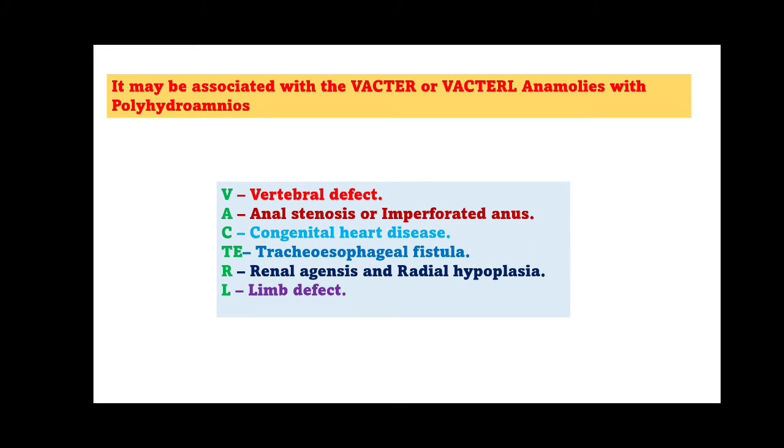Here V refers to vertebral defects, A refers to anal stenosis or imperforate anus, C refers to congenital heart disease, TE refers to tracheoesophageal fistula, R refers to renal agenesis and radial hypoplasia, and L refers to limb defect. Radial hypoplasia is one variety of limb defect only. If the baby has a congenital anomaly of the esophagus, one has to check for these anomalies also.